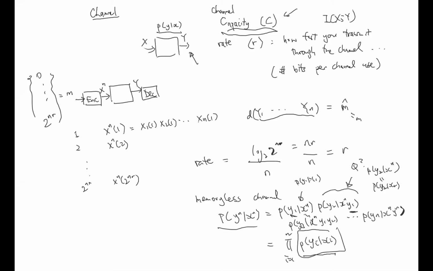Maybe I'll use a different color. This is the key thing here. The capacity is I(X;Y), but note that you have some freedom to pick the input distribution, right? For different input distributions, you expect the mutual information between X and Y can be different.